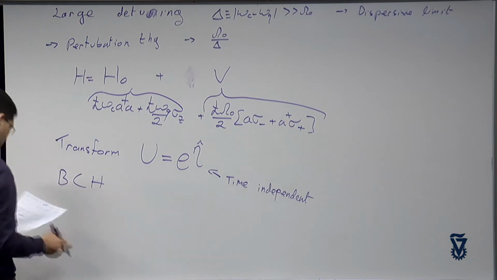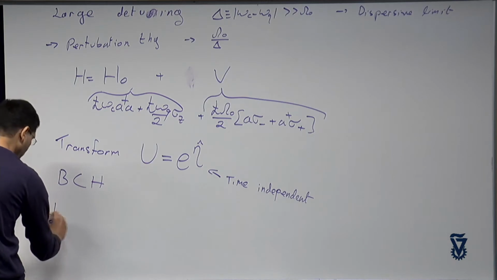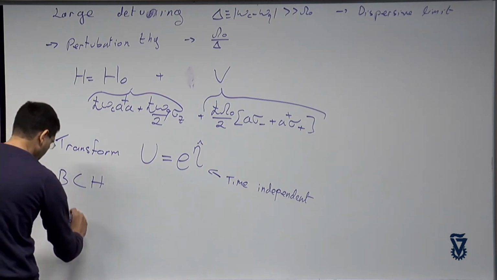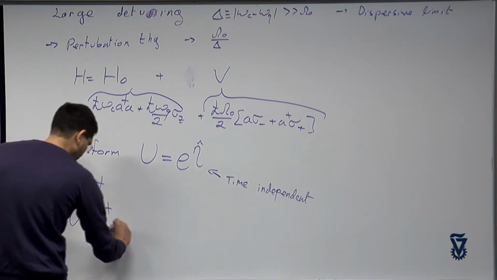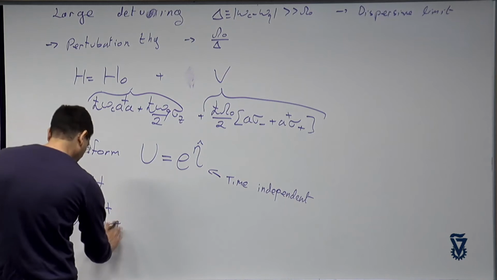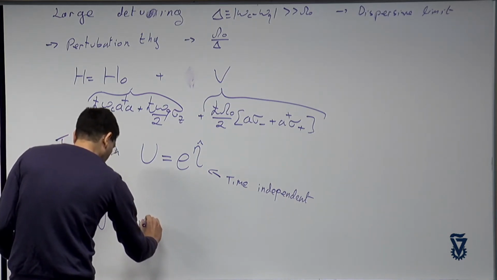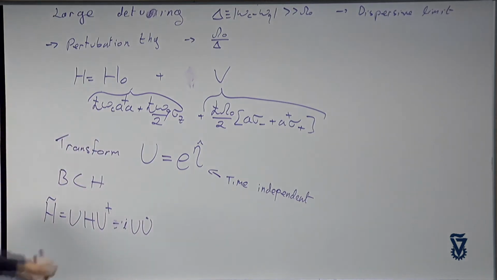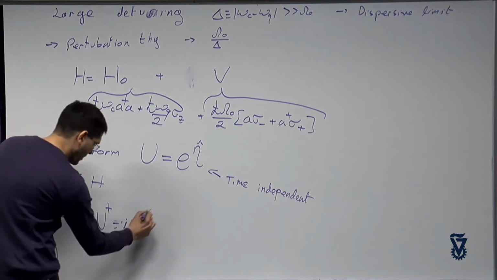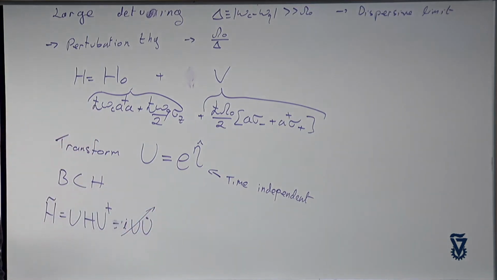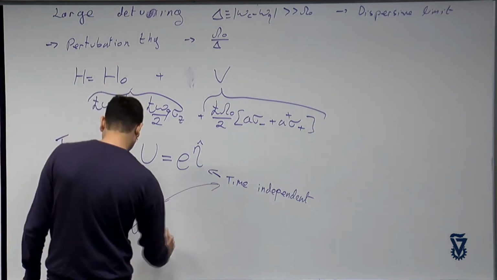A general transformation, if you remember, is U H U dagger minus i U U dot. But because this is time independent, this term drops.